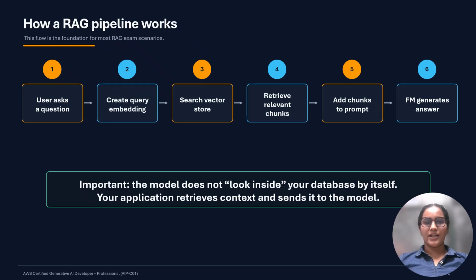Fifth, it adds those chunks to the prompt as context. Finally, the foundation model generates an answer using the user question plus the retrieved context. The most important thing to remember is that the model is not directly browsing your database by itself. The application layer retrieves relevant information and passes that information to the model.